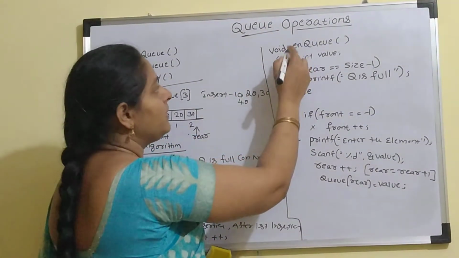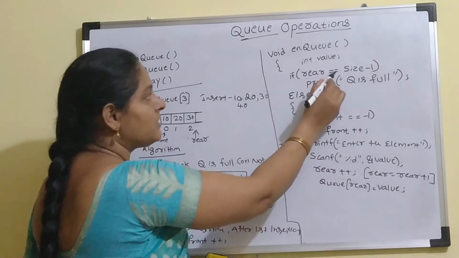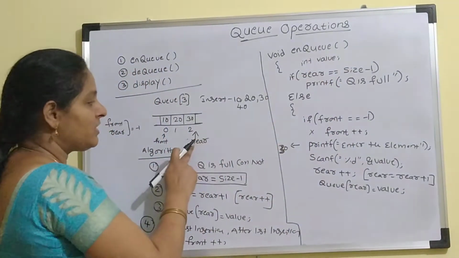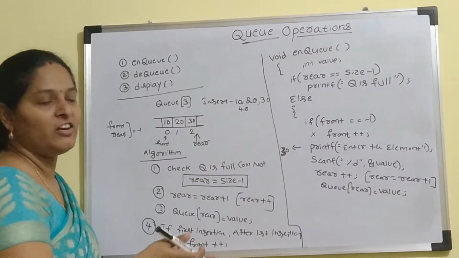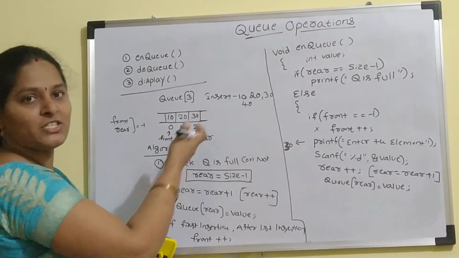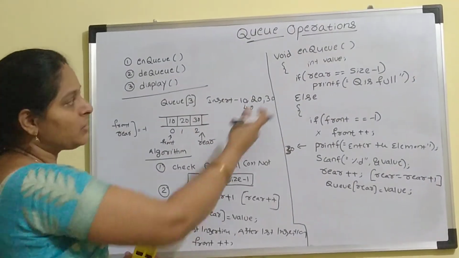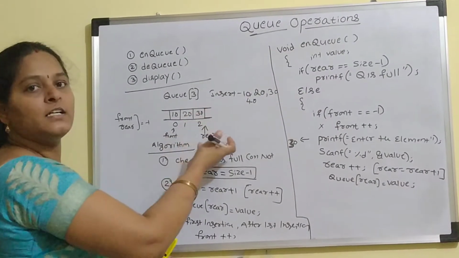Again, as usual, if rear equal to size minus 1, here size minus 1 means 2. Here our rear pointer is pointing to 2 only. That means Q is full. In the diagram itself, we can see that there are no empty locations in the queue. In the code also, we are getting the condition that rear is pointing to the second index.